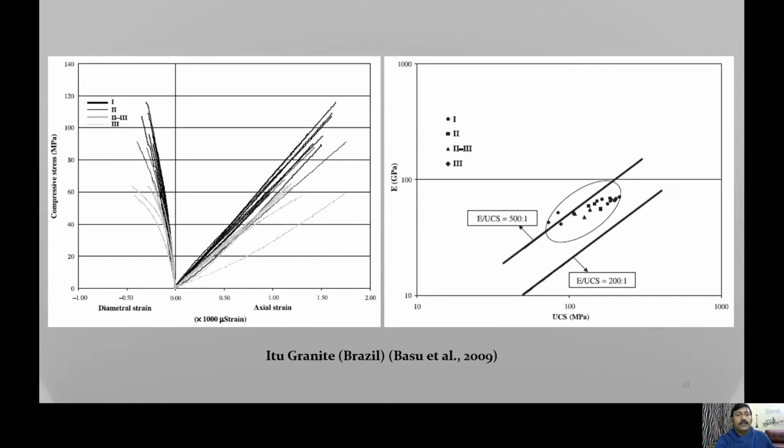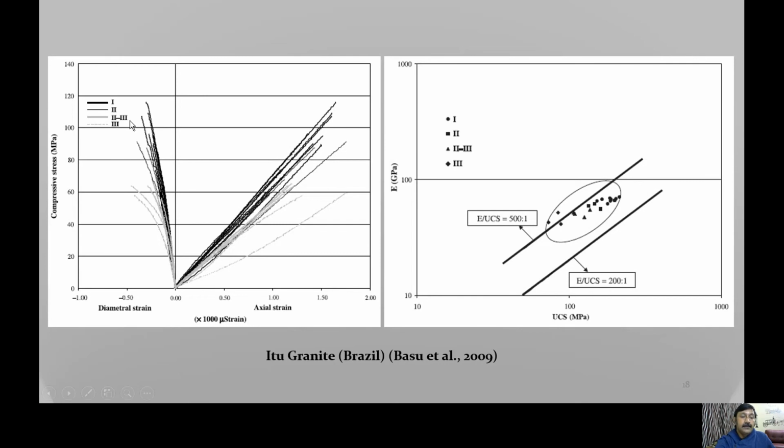Next, I show you the stress strain curves under uniaxial compression test. The pattern of the stress strain curves with reference to weathering grade is somewhat similar to what we saw in case of Hong Kong granite rock also. But of course, the absolute values of the mechanical properties like strength and Young's modulus are different in case of E2 granite.